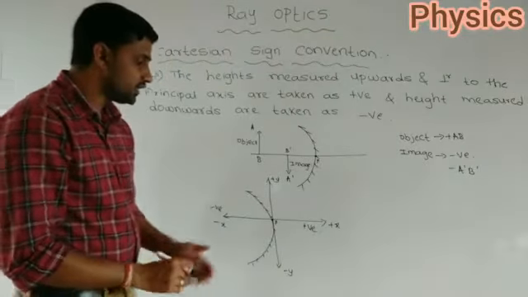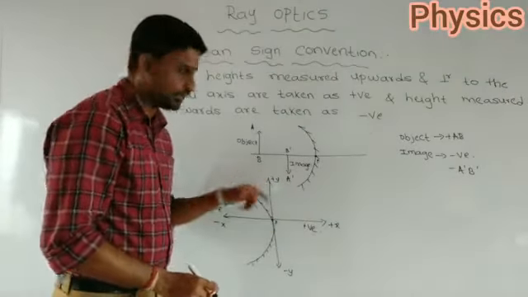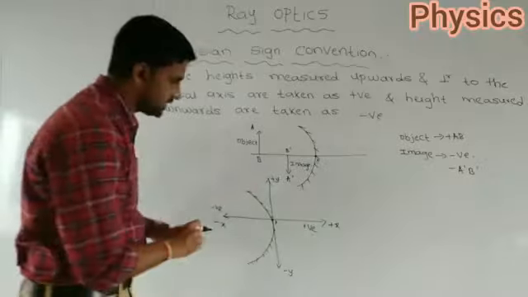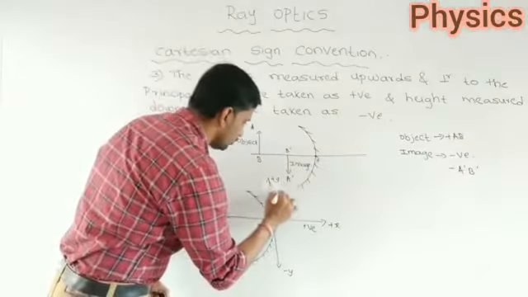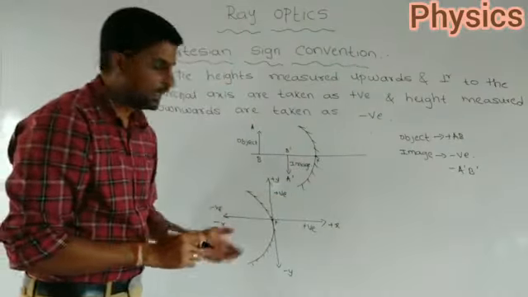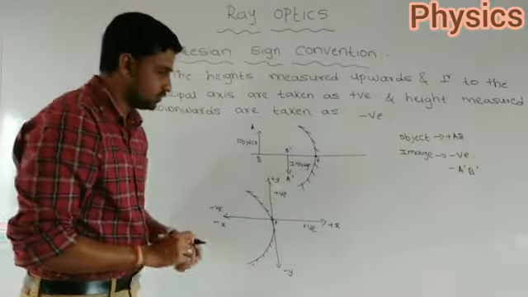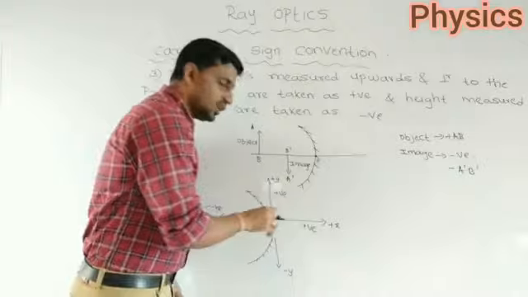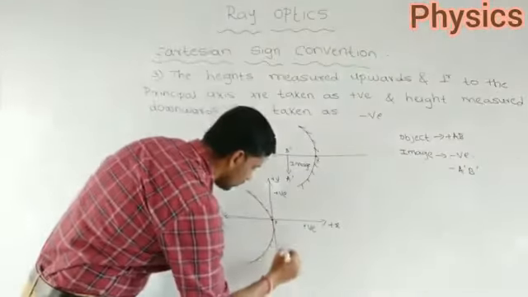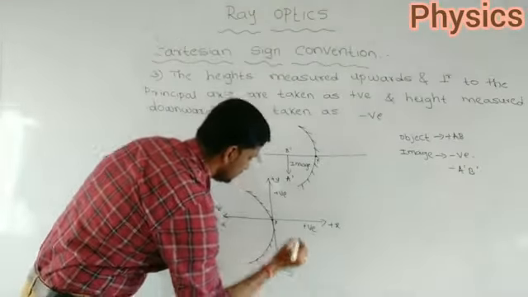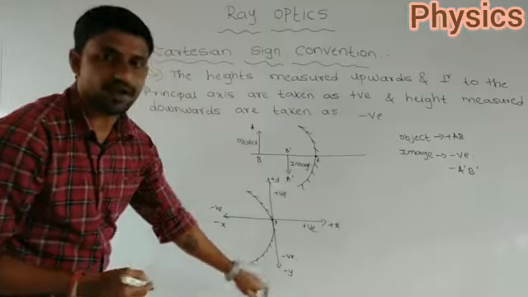If you are taking the distance above this pole, that means it is the positive y-axis, so you should take it as positive. If you are going to take the height above this pole, then it is positive. And if you want to take the distances below this pole or the center, then it is negative, because it is the negative y-axis.